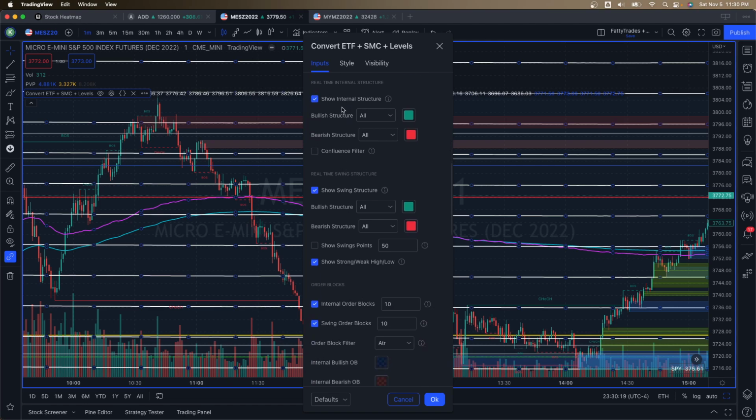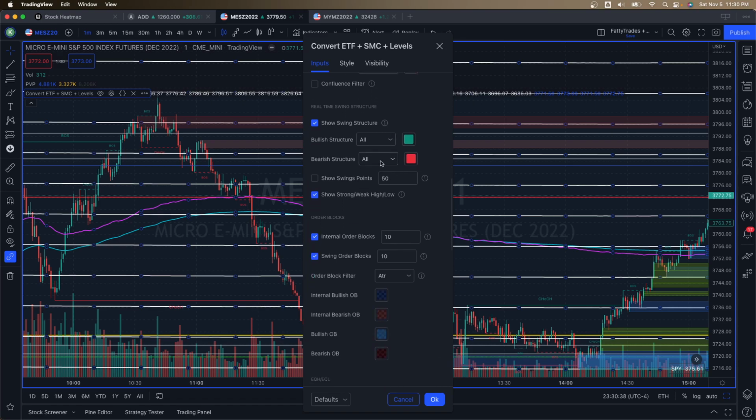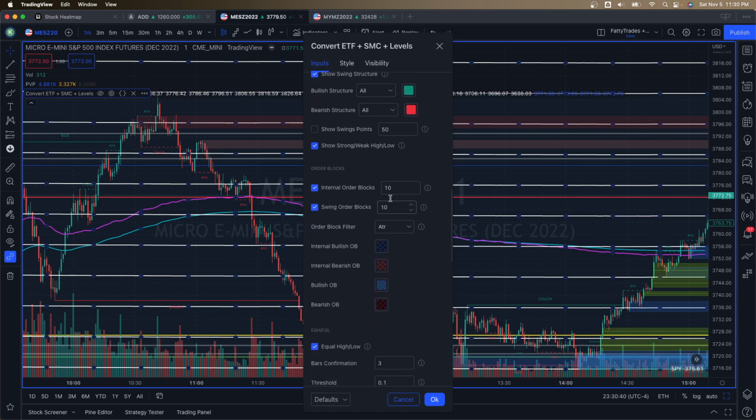You can show internal and swing structure, which is, if you're not familiar with smart money concepts, I highly recommend checking out some of my other videos talking about swing structure and internal structure. And it essentially has to do with higher time frame structures and bullish characters and bearish characters and things like that. I always choose to show both, and I always choose to show order blocks from both.